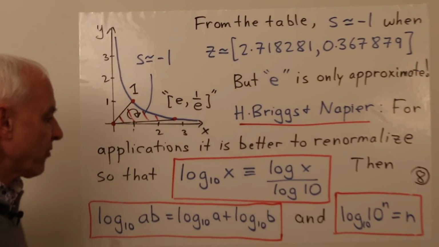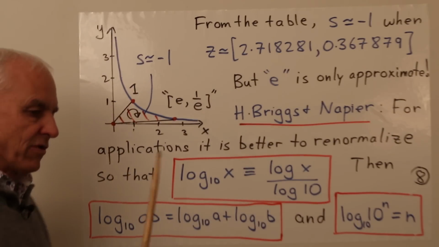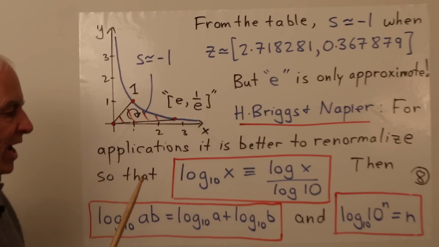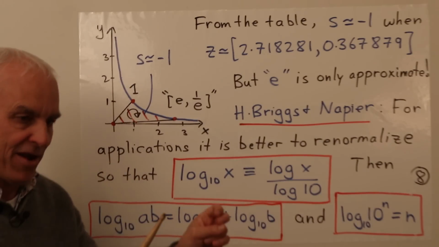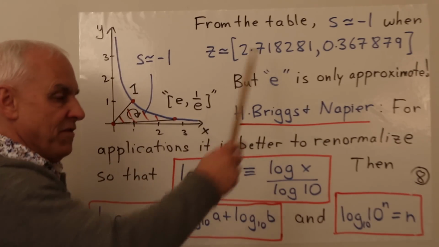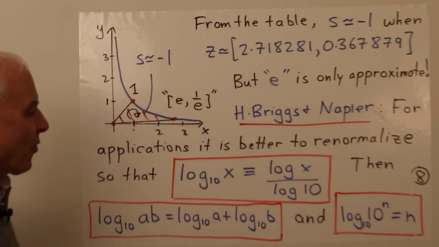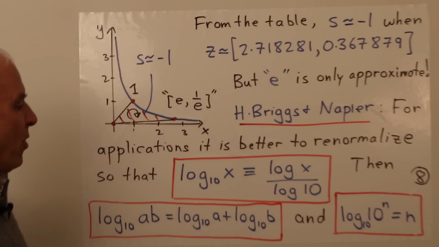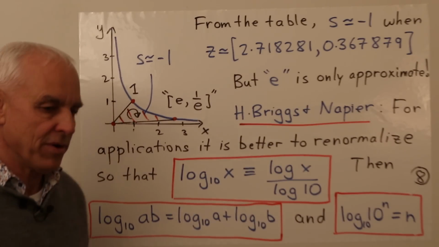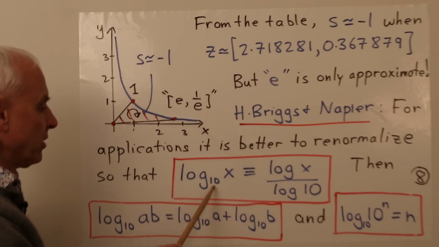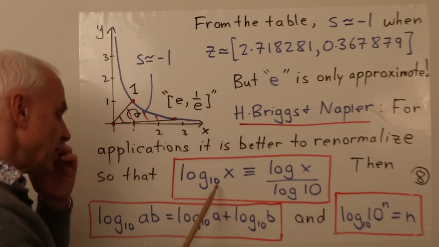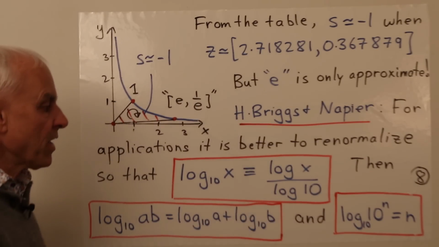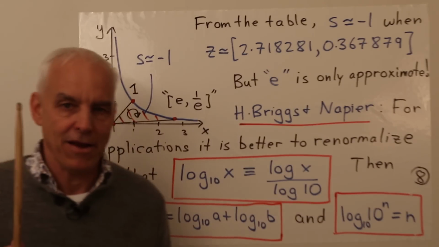And so if we can rearrange the log by rescaling it, then we can arrange that the log of 10 is 1 rather than the log of e. Okay, so what that amounts to is this relatively simple formula. What we do is we introduce a new function called log sub 10. Log sub 10 of x is by definition log of x, what we've already defined, divided by log 10.